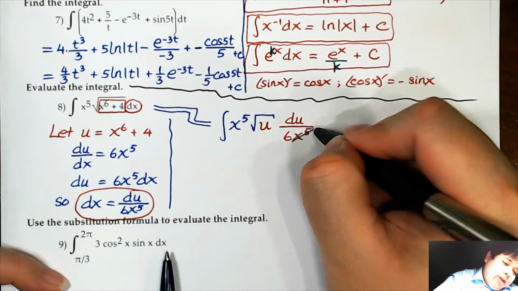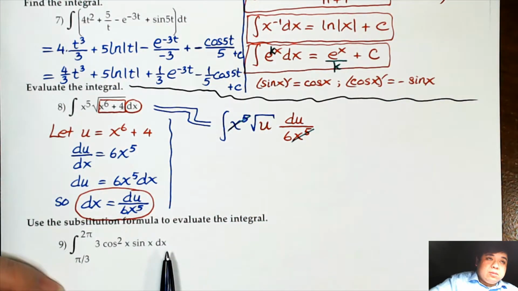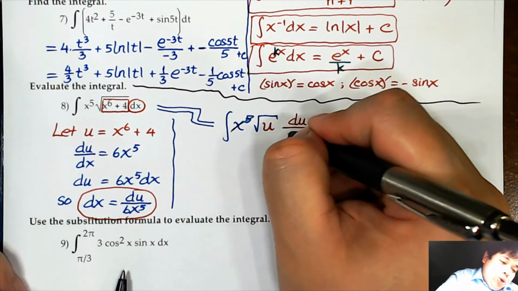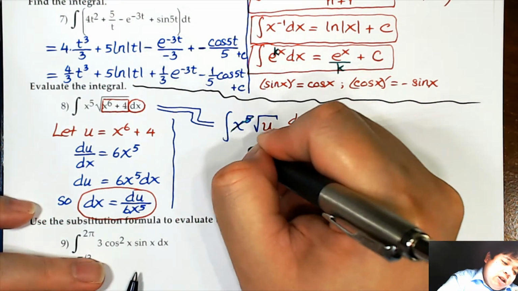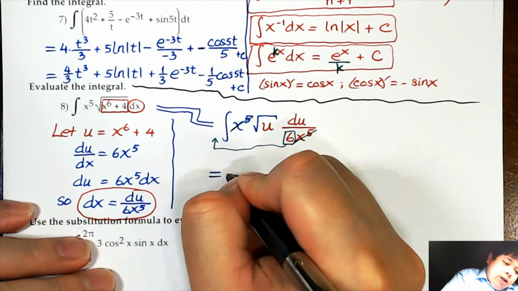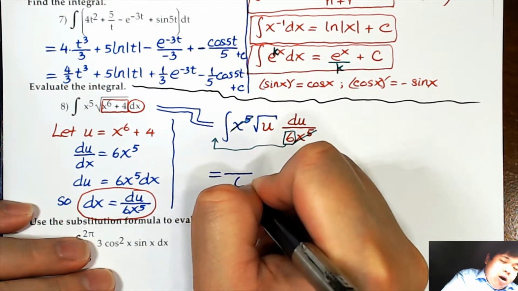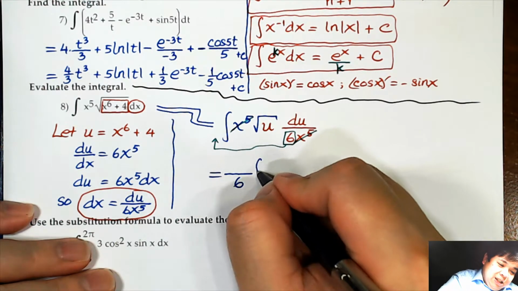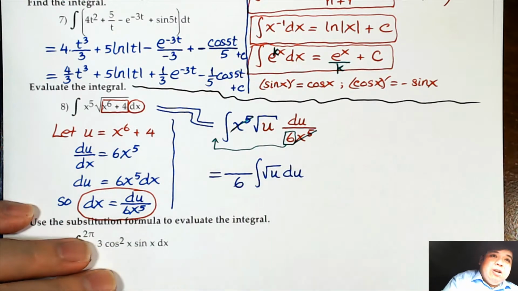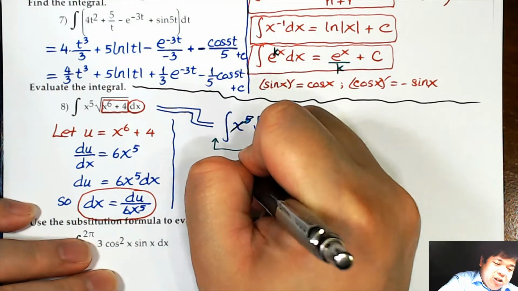Now x to the 5th cancels out, and we have 6 at the bottom though. So if we move it outside as a constant, it will stay at the bottom. So we will have the 6 at the bottom, square root of u du. Right. We have to put something on the top.